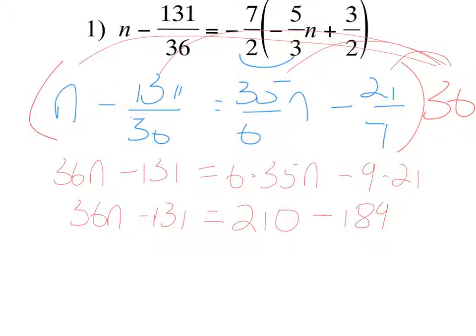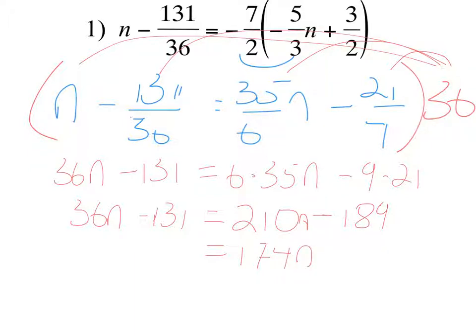Okay. Let's combine some like terms. By the way, that should have an n. If I subtract 36n from both sides, we end up at 180, and then minus 6 more is 174.